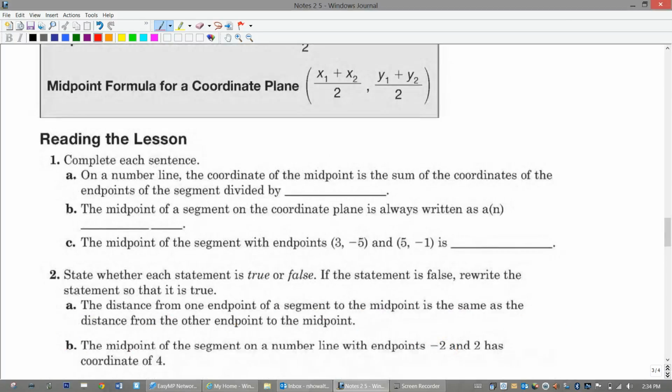Go! Okay, on a number line, the coordinate of the midpoint is the sum of the coordinates of the endpoints of the segment divided by blank. That one's really hard to understand if you don't break it apart. Here we go. Okay, 1A winds up being divided by 2.